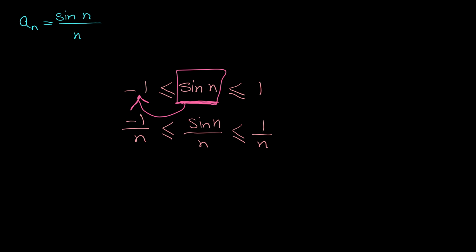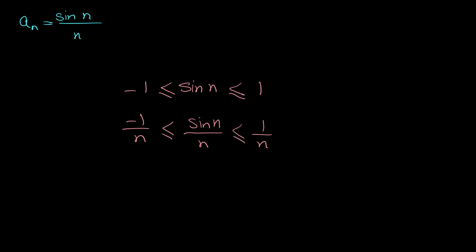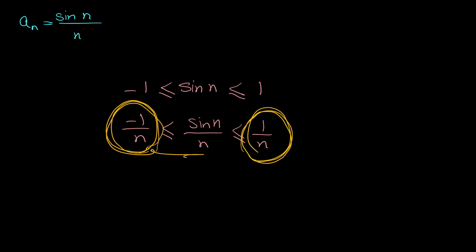The lower bound is -1, the upper bound is 1. Then we try to make this similar to this expression. To make it similar to that, we divided everything by n. Now we are here. Now look at the left side and the right side. These are easier expressions compared to this middle one.